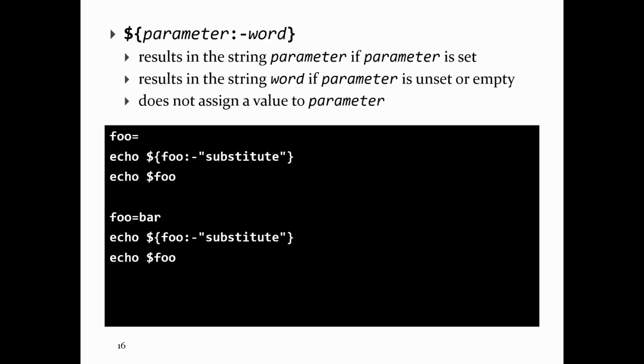Okay, so let's see these in action. Here's the colon minus. This one is going to give you back word if the parameter is empty or not set, but it won't change the parameter. So here, foo is empty; it's not assigned. If I echo out that substitution, you'll get the string substitute. And then when you echo out foo, you'll get the empty string again, or nothing.